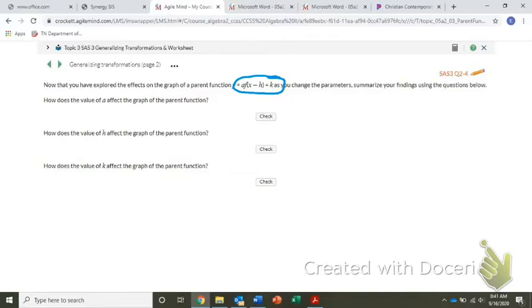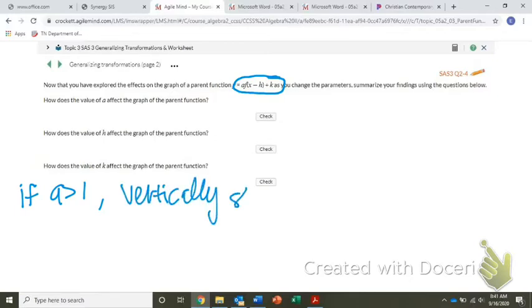It's the same thing as yesterday, guys. The rules don't change. So, if A is greater than 1, meaning it is positive, the graph will be vertically stretched. And that just means it'll become more narrow.